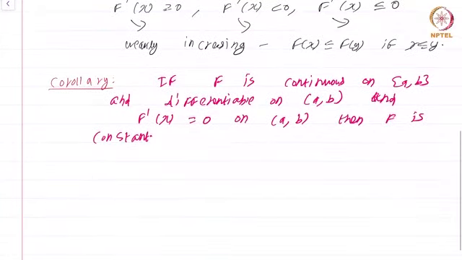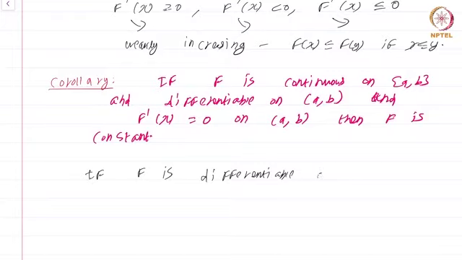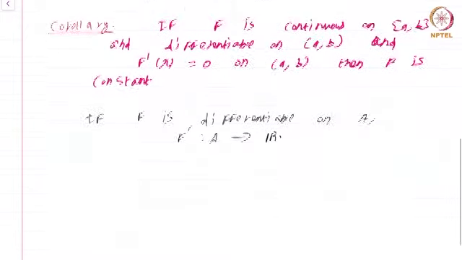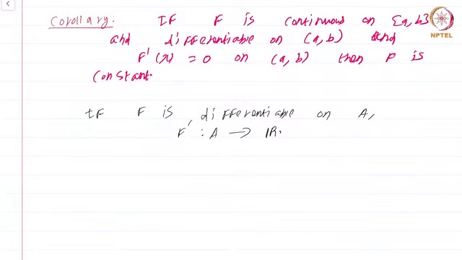Now I want to introduce some results about the sign of the second derivative. So what is the second derivative? Well, if f is differentiable on A, we can of course consider this function f prime from A to R. So this just gives the derivative at every point.